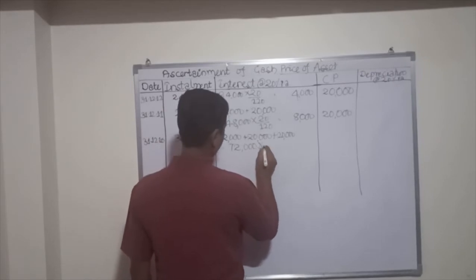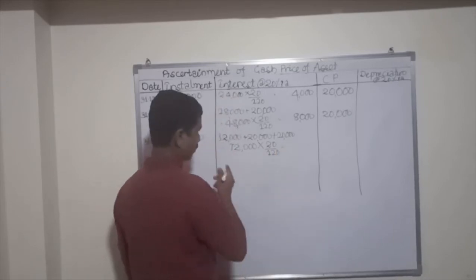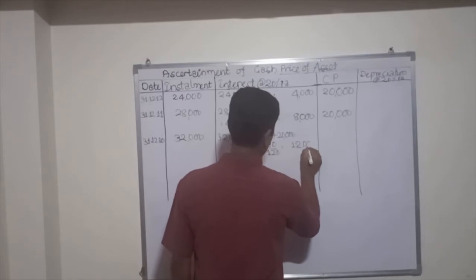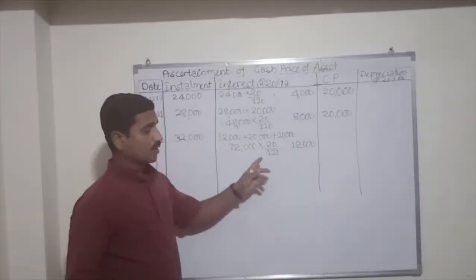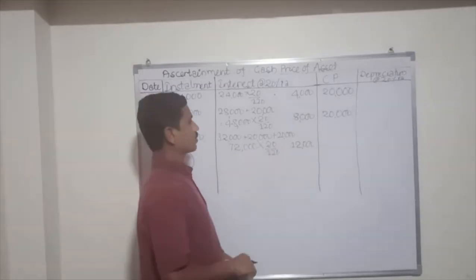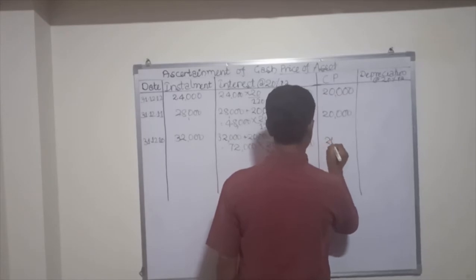So 72,000 into 20 divided by 120, that comes to 12,000 here. Zeros get cancelled, 6 times 2 is 12, so 12,000. So again it is 20,000 only.